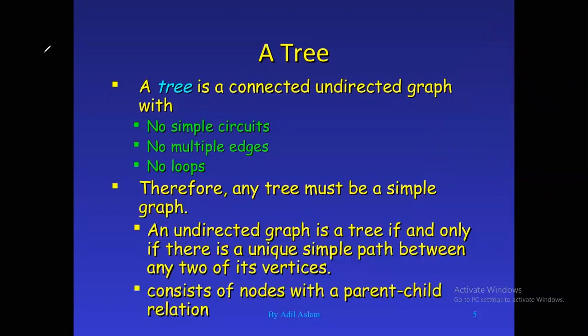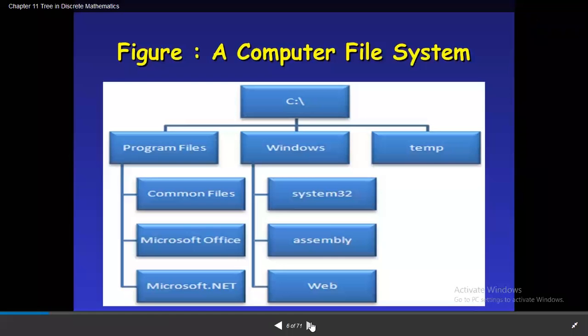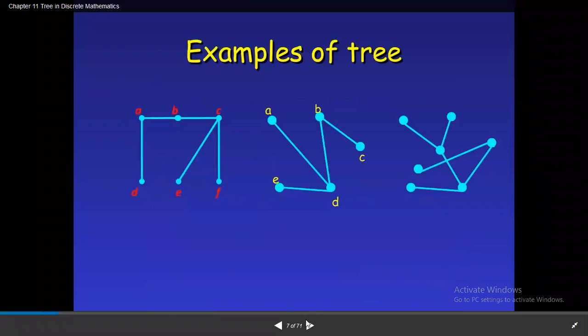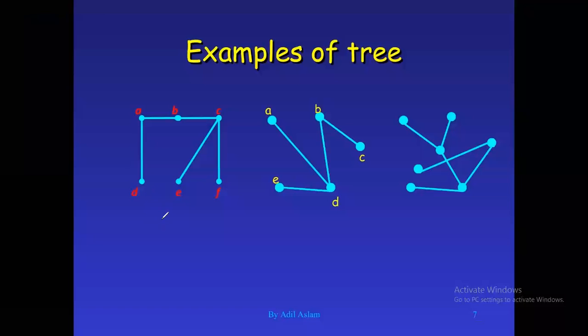definition of the tree. Next, examples of tree. Now we'll see the example of tree. Is it a tree? Now you have to check is it a tree or not. So if you want to check is it a tree or not, you remember that is there any closed circuits or loops? Closed one is there.